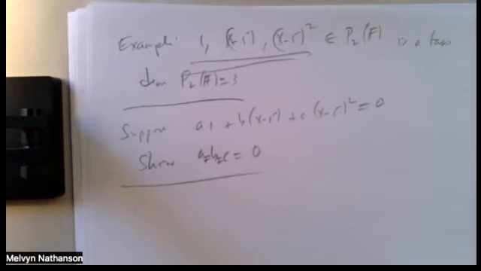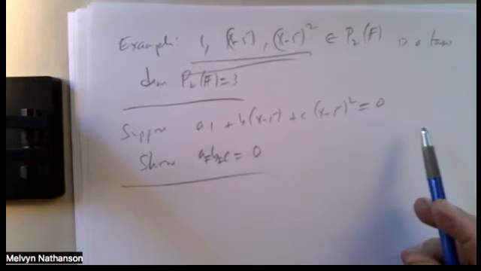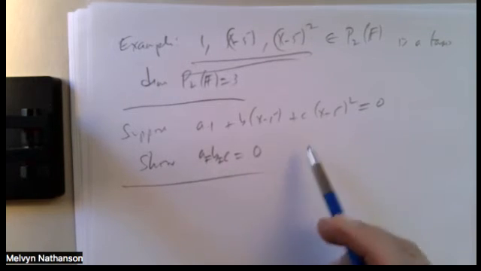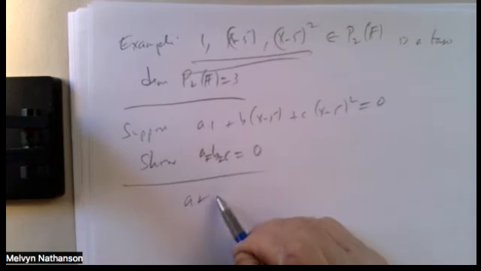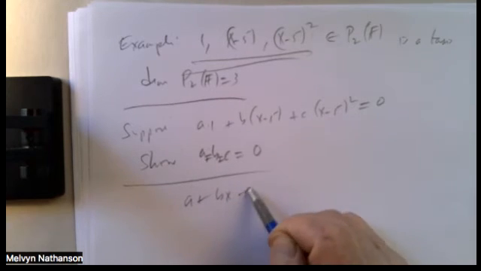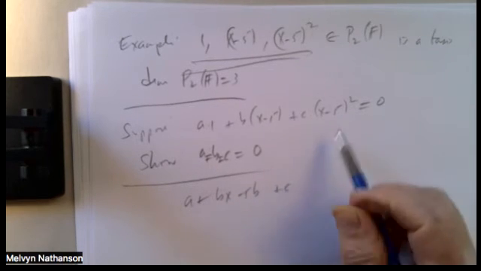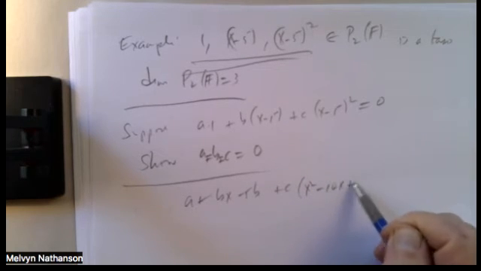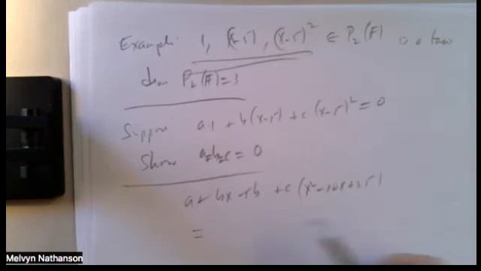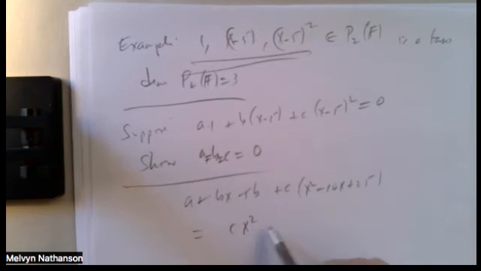So what's the secret? Expand this and write it as a polynomial. You get a plus bx minus 5b, and (x minus 5) squared is this. So when you collect the terms, you have cx squared.